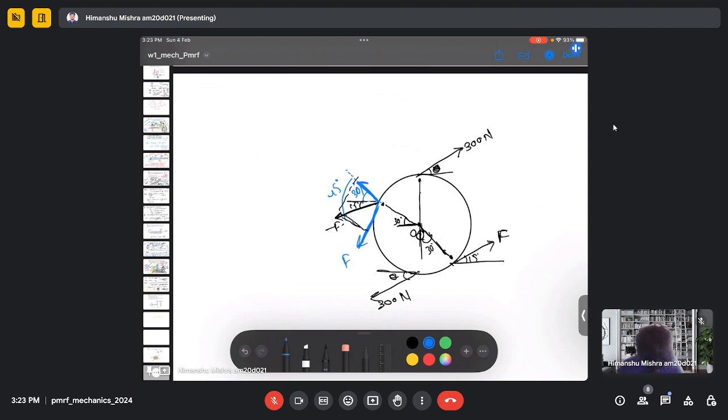So this will be my F sine 45, and this is F cos 45.